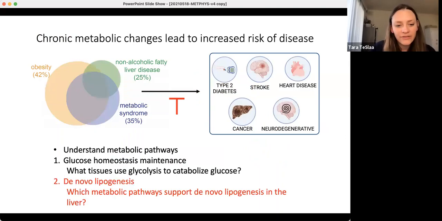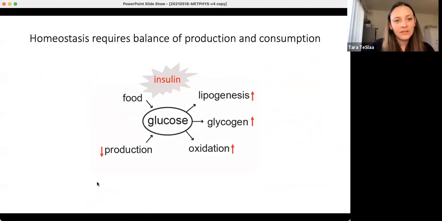So in the second half of my talk, I would like to talk about de novo lipogenesis. And as I mentioned previously, lipogenesis is one fate of circulating glucose. However, when oxidation and glycogen storage is really saturated, this is when lipogenesis becomes a really good option for storing glucose.